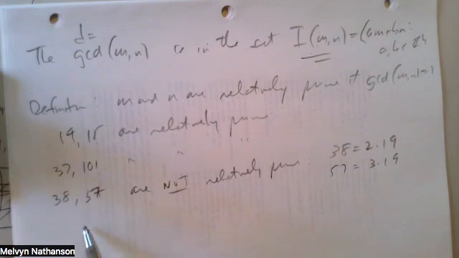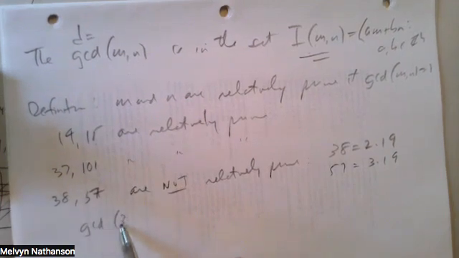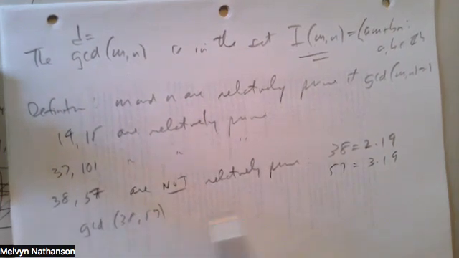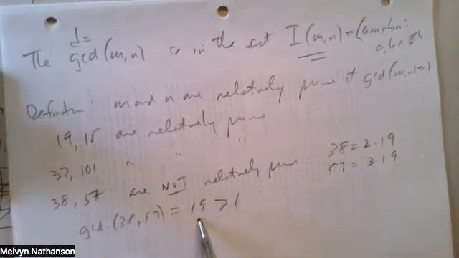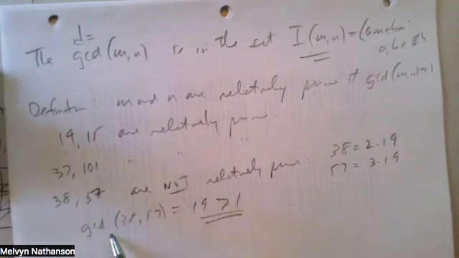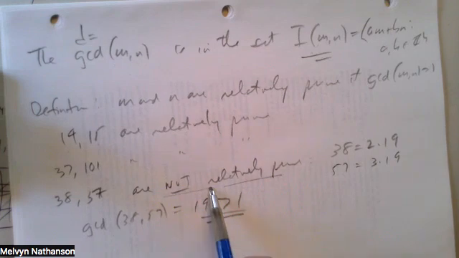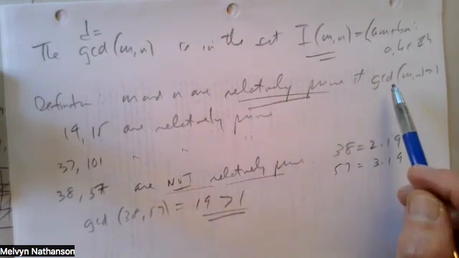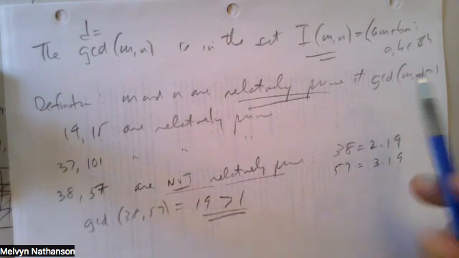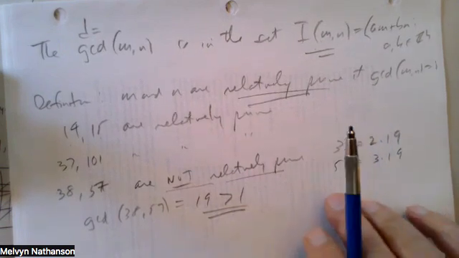So the greatest common divisor of 38 and 57 is at least 19. In fact, it is 19. But what's important is it's greater than 1. So if the GCD is greater than 1, then the numbers are not relatively prime. This is just a definition. Relatively prime means the greatest common divisor is 1.